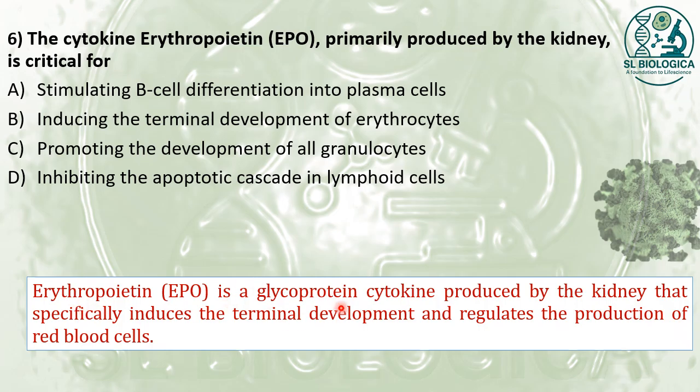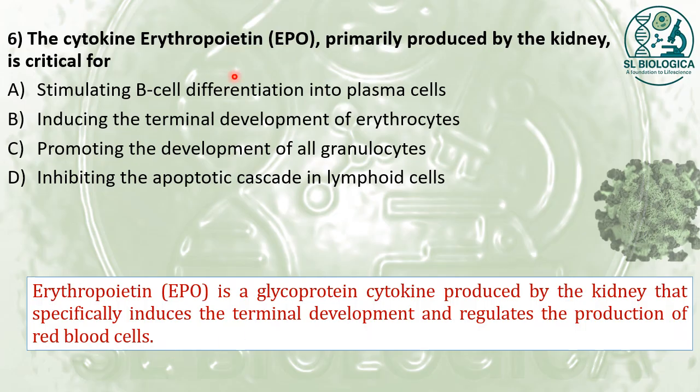Erythropoietin is a glycoprotein cytokine produced by the kidney that specifically induces the terminal development and regulates the production of red blood cells or erythrocytes. So we have the answer here: it induces the terminal development and regulates the production of red blood cells.